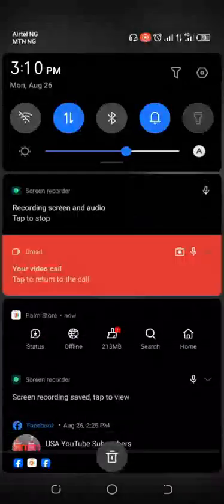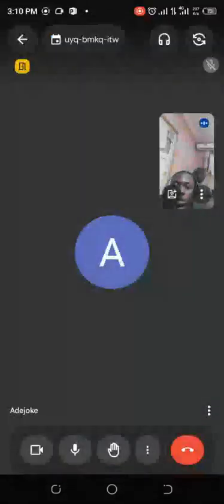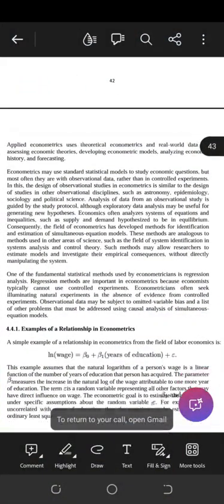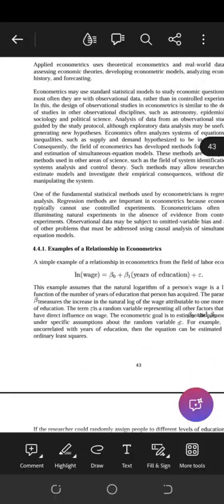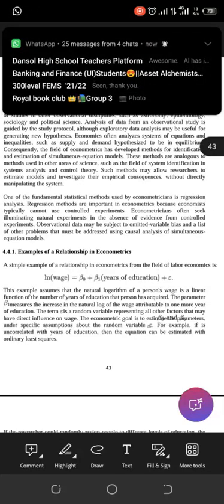All right, so I was trying to explain something. Okay, share record. So econometrics uses standard statistical models to study economic questions, but most often, so I was trying to explain the observational data part. We have to rely on data gotten from people.